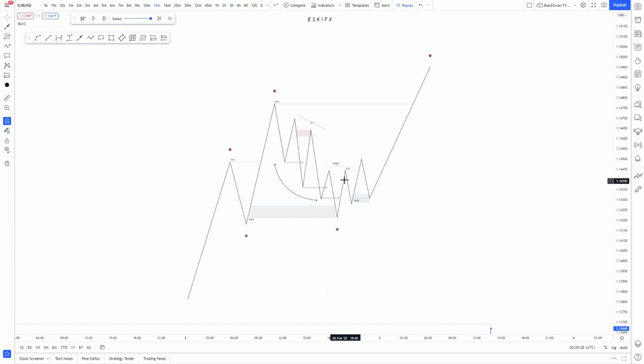pushes out, creates equal highs. So equal highs or equal lows is a really, really strong confluence that the composite operator is getting ready to expand price, because above every equal high and below every equal low, we have resting liquidity.